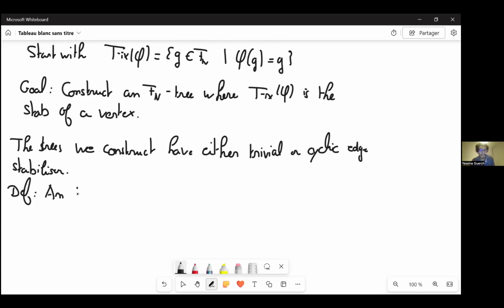An FN tree relative to fixed phi is an FN tree where fixed phi fixes a point.